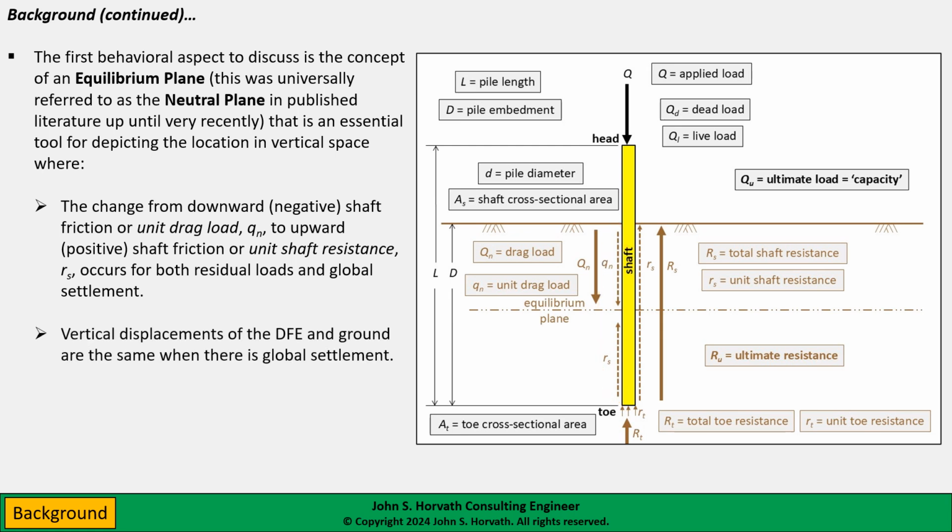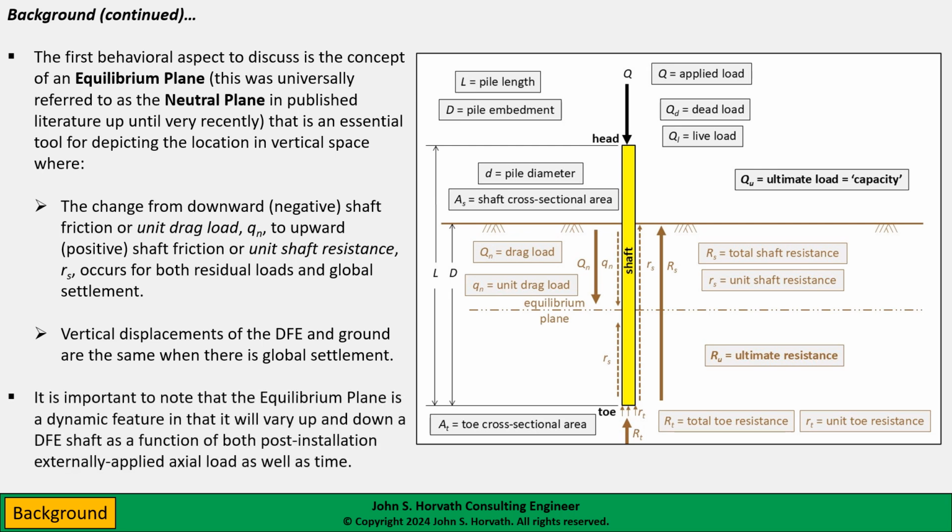And if you have a problem with global settlement, the vertical displacements, settlement of the DFE and the ground are exactly the same at the equilibrium plane. In cases of global settlement, above the equilibrium plane, the ground settles more, sometimes much more than the DFE. They both settle the same here, and then the ground actually settles less than the DFE below the equilibrium plane.